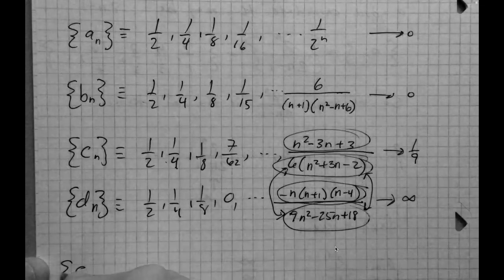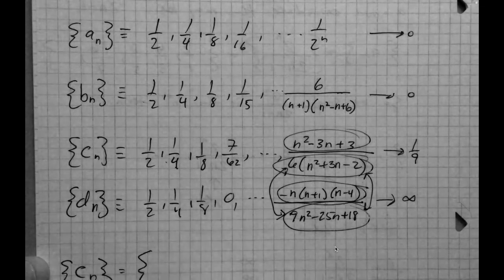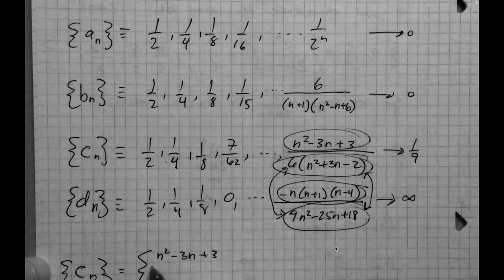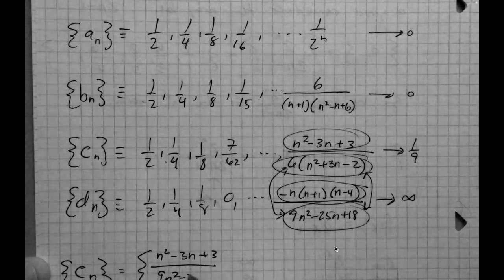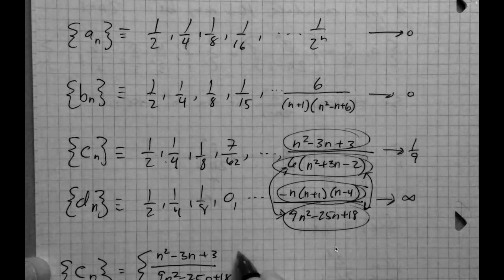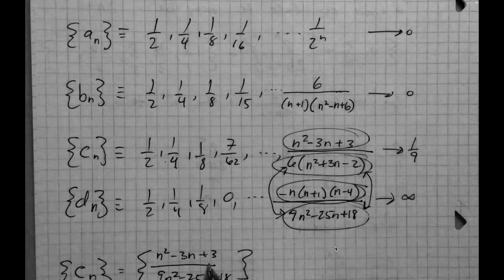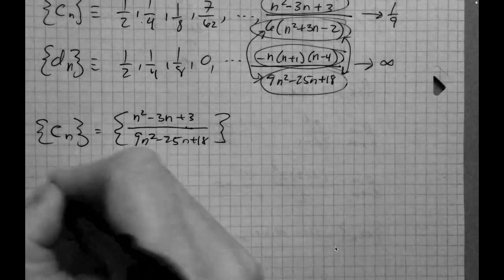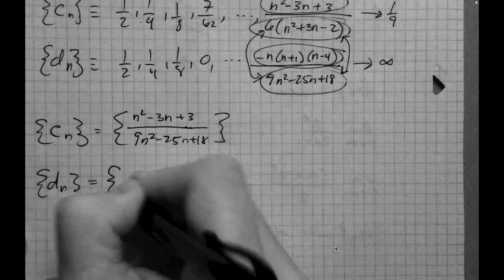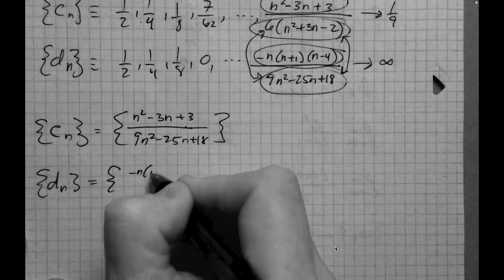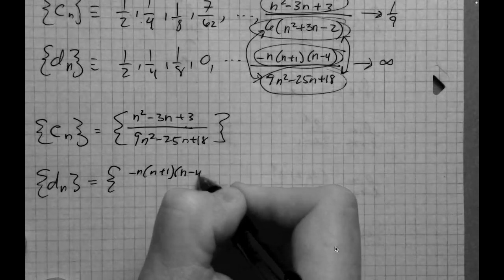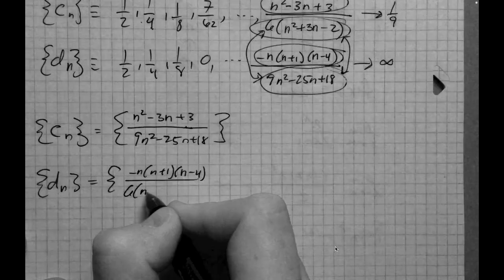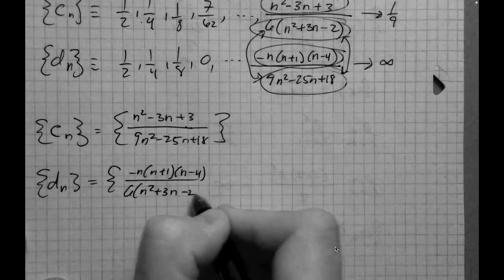So c of n is this: n squared minus 3n plus 3 over 9n squared minus 25n plus 18. That's a complicated nth term. And d of n is negative n times n plus 1 times n minus 4 all over 6 times n squared plus 3n minus 2.